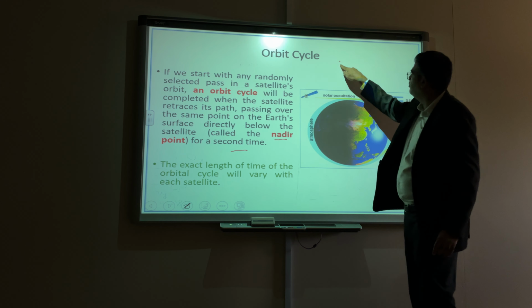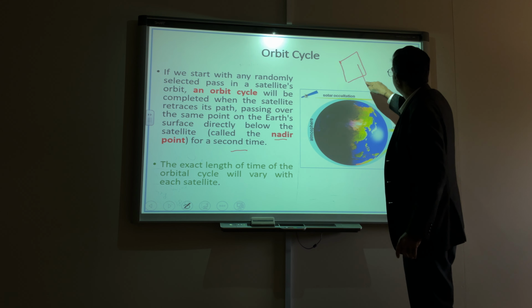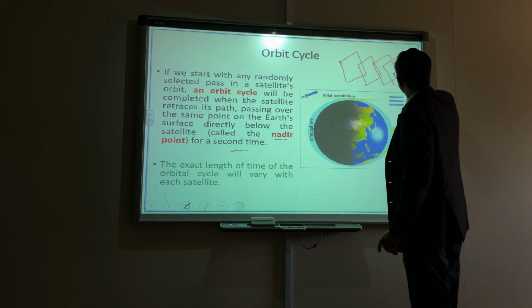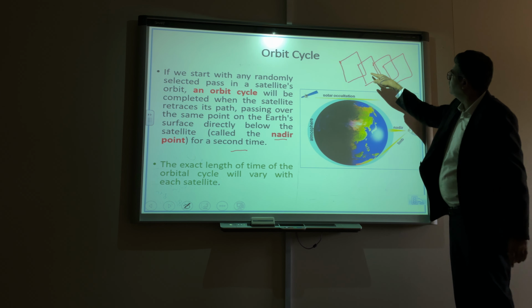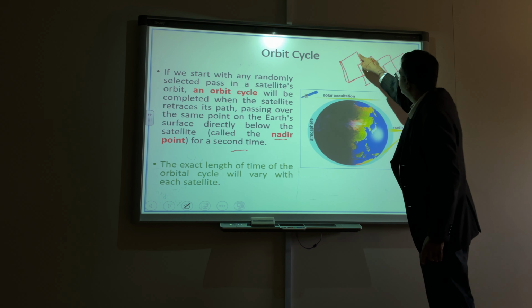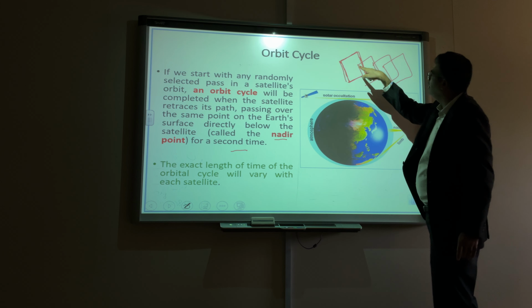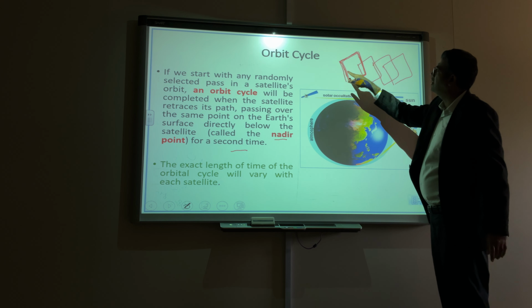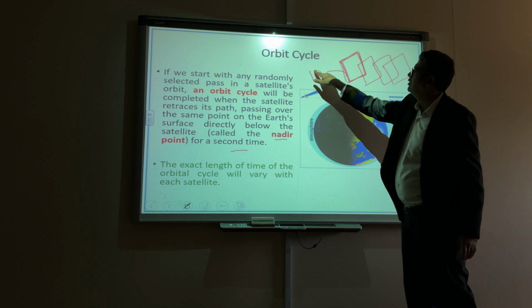You may have an image of Riyadh, another image of Riyadh, and another, but these are not the same images. If you are talking about only this image, you have one image from today, and if you have the same image after 10 days, then the orbit cycle is 10 days.